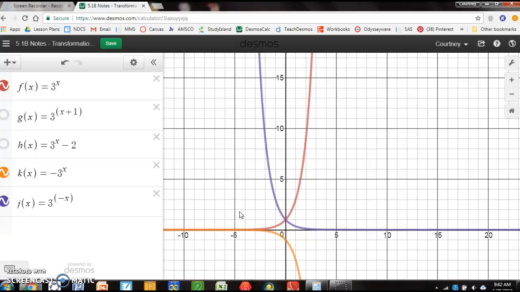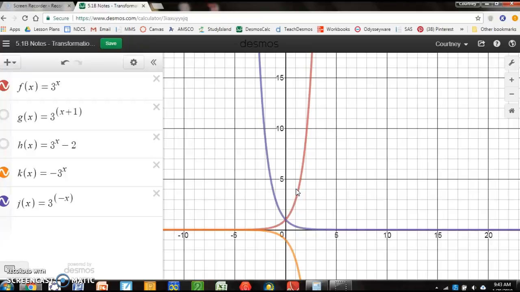So remember, red is our original graph. When we do k of x, we reflect it, so the negative is out in front of the number, we're reflecting it over the x-axis. And when j of x, we have 3 to the negative x, we're reflecting that over the y-axis, and that happens when our exponent is negative.